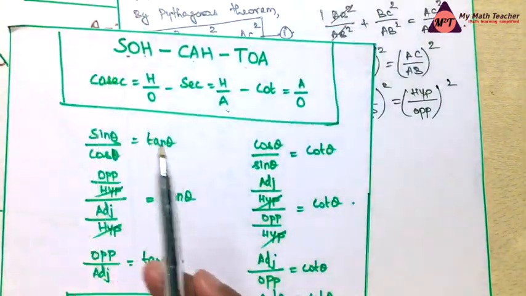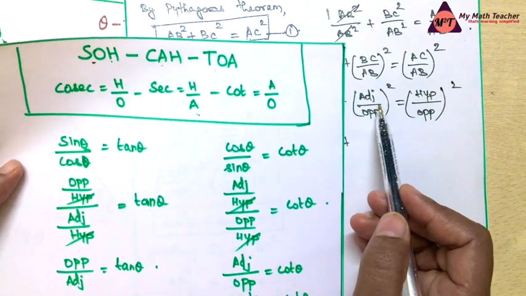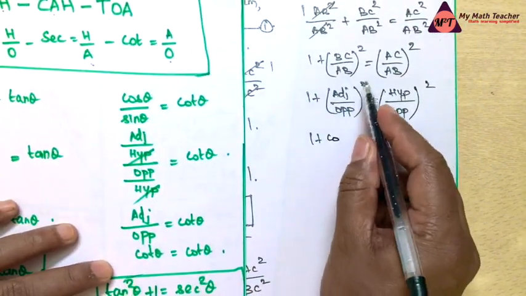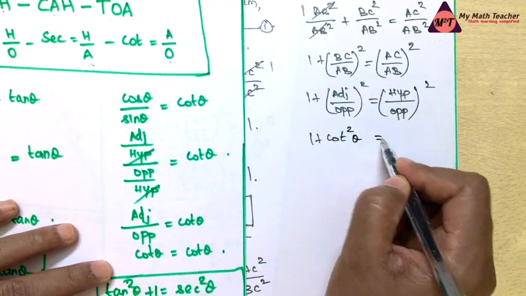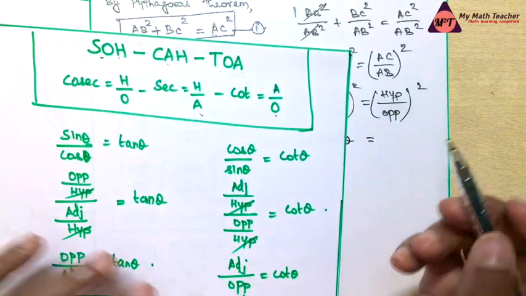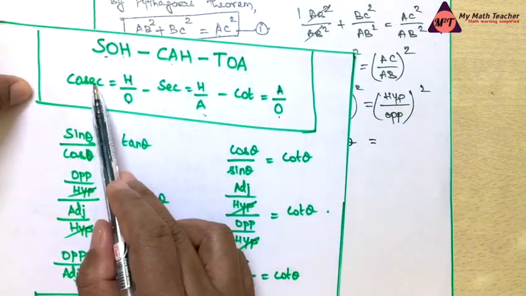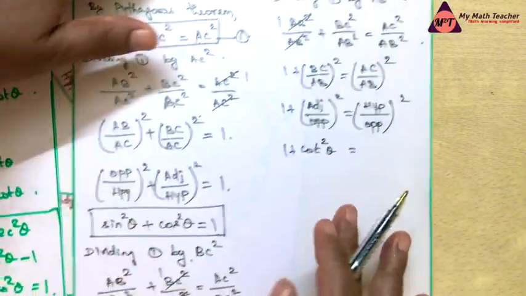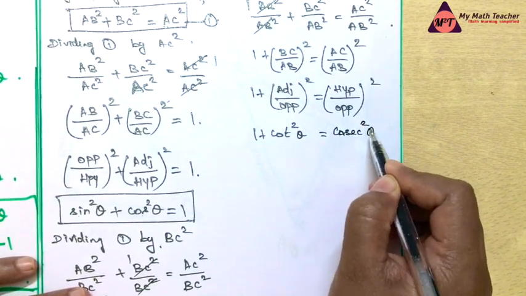It will be very helpful if you are writing this when you start practicing. So adjacent by opposite, what is that? Cot theta. So here it is square, so it should be written like this, cot square theta, that is equal to hypotenuse by opposite. So look at this, hypotenuse by opposite is cosecant theta. So already we can see there is a square, we can write like this, cosecant square theta.